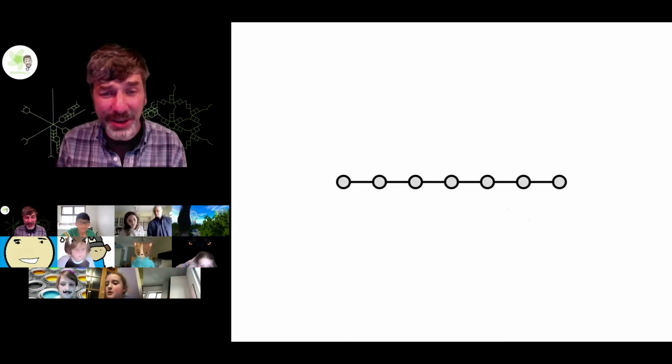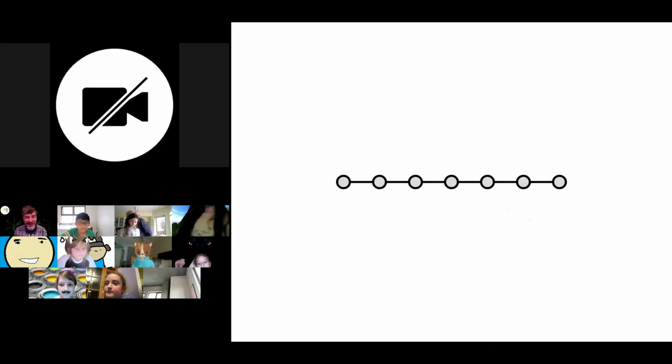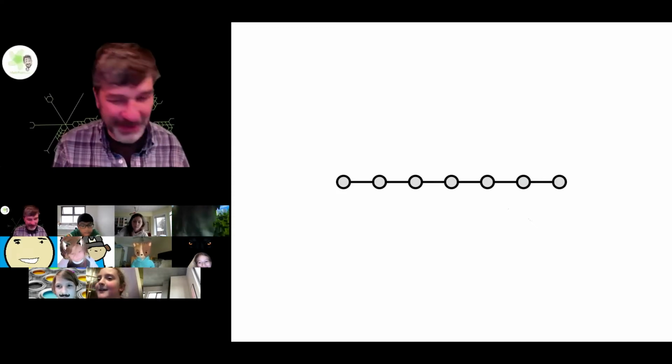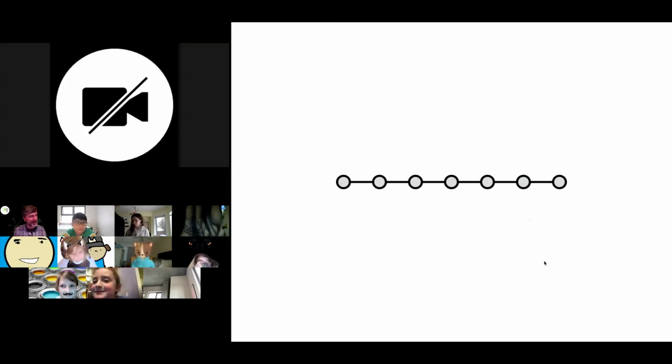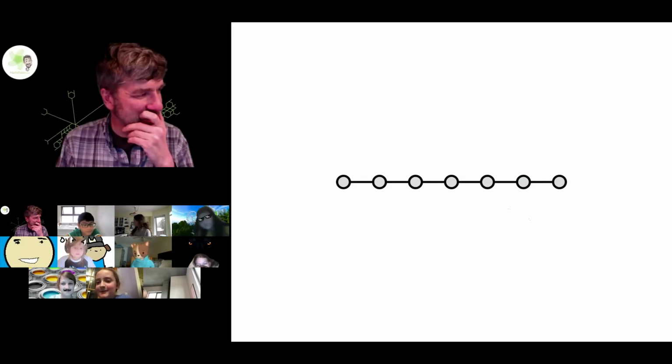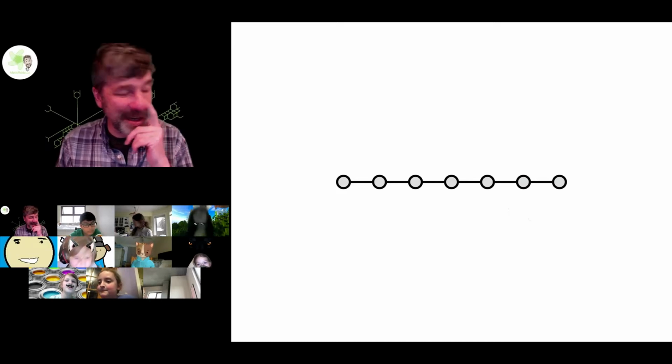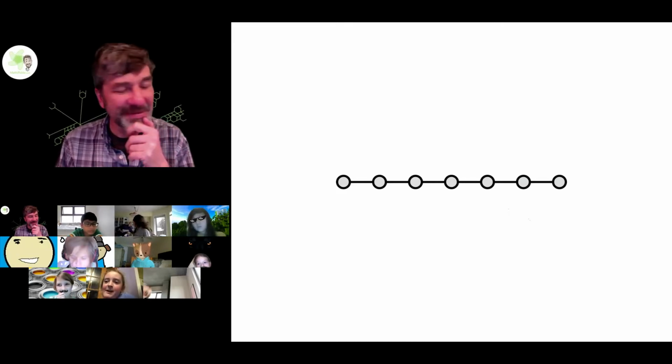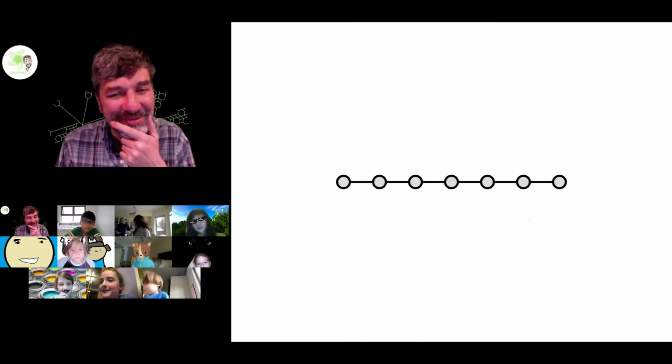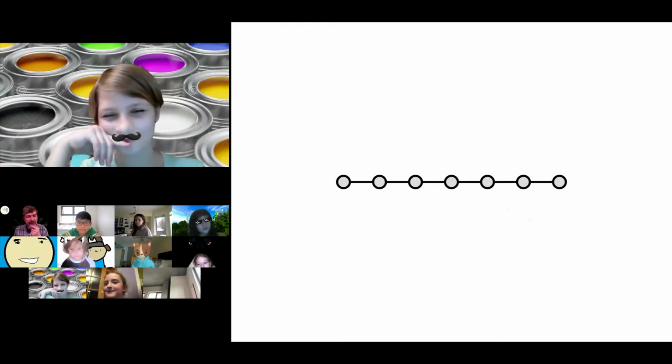So 12 seconds quiet, and then we're going to go for the coloring. Tin Can, go for it. Tell me what you think you should color this one. And this is, yeah, go ahead, Tin Can. I don't know.